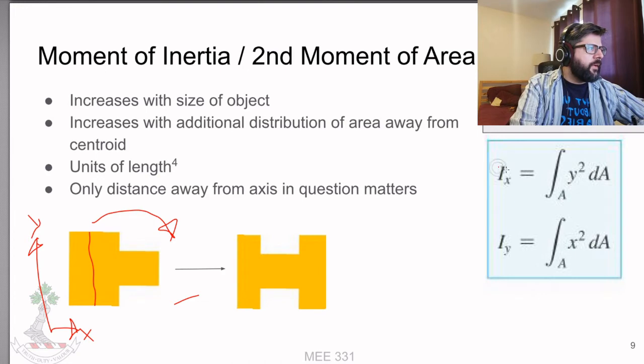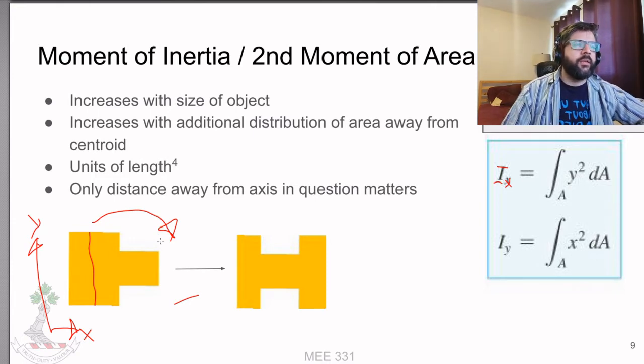If we're calculating our Ix, our moment of inertia about the x-axis, you'll note that none of these terms, other than the dA portion, which would just be the size of the little cubes, vary. They might have some x component, but it doesn't vary; it just provides the location of the area you're looking at.